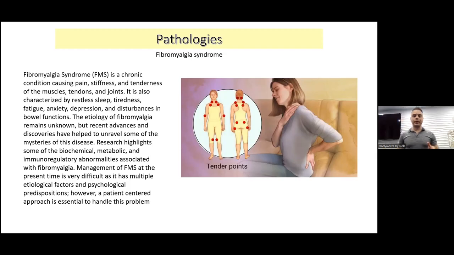It causes pain, which can be very intense, usually body wide. If we break the word down: fibro is fibrous tissues, myo is muscle, algia is pain. So this is pain in the muscles and in the fibrous connective tissues, but with no known cause.